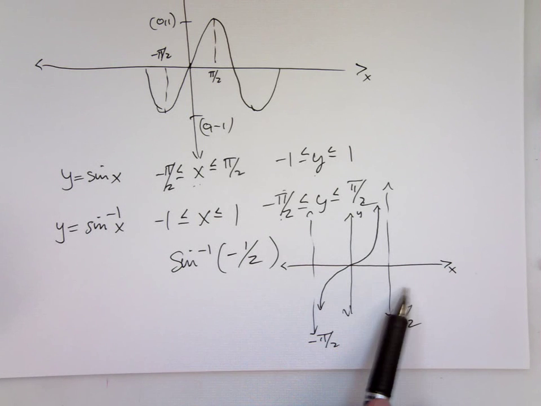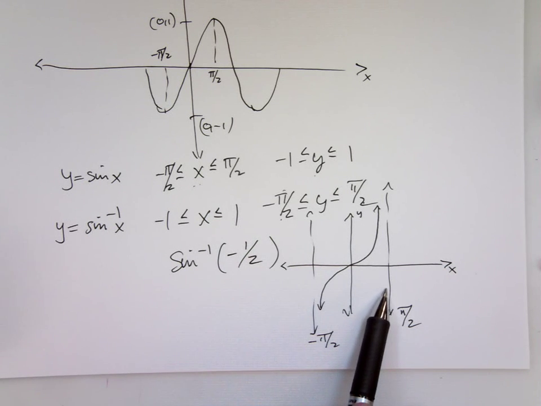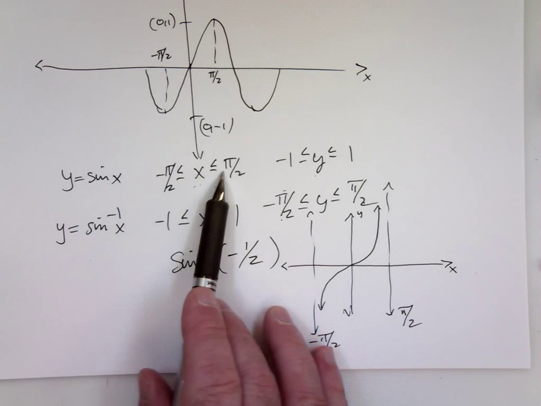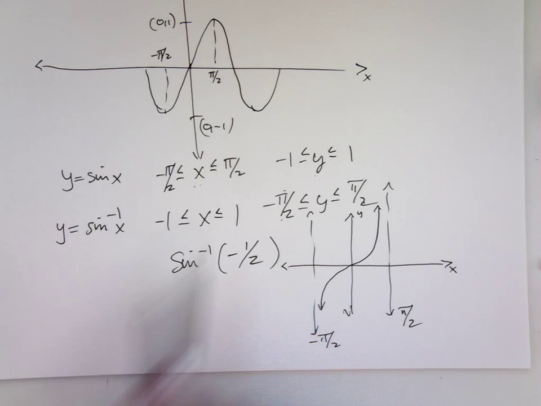The restricted domain of tangent is from negative pi over 2, not including negative pi over 2, to pi over 2, not including pi over 2. The only difference is you don't include the endpoints on the tangent. Your range of the tangent is negative infinity to positive infinity.